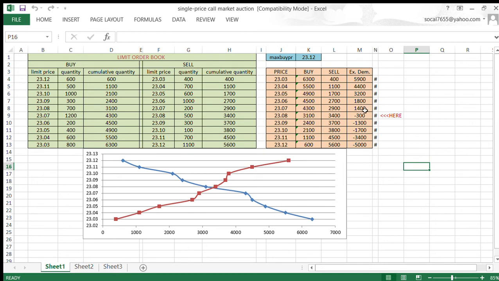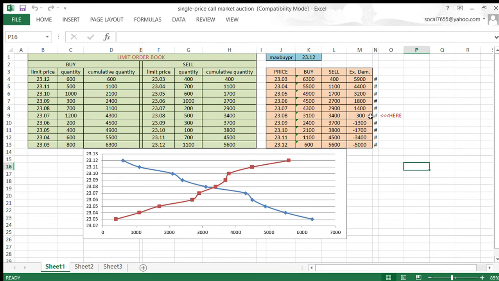And the number that's closest to zero here is minus 300. So 2308 is going to be the opening price. But excess demand, since it's negative, means that supply interest at 2308 cumulatively exceeds demand interest at 2308 cumulatively, okay? There's negative excess demand or excess supply.